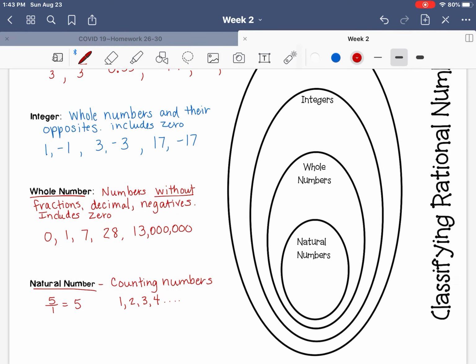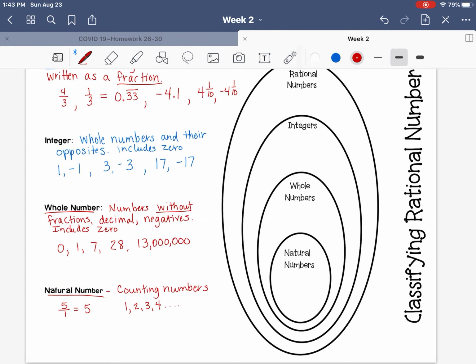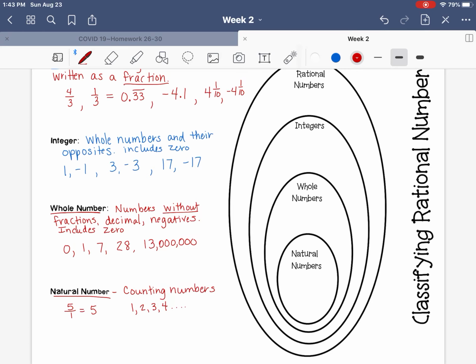Okay, let's talk about how these numbers go into a Venn diagram. In a Venn diagram, the set of rational numbers is the biggest set. And remember, in a Venn diagram, you always want to put your number in the most specific category. So if I gave you a number like 4/2, it would go in the natural numbers category because it simplifies down to 2, which is a whole number, and you can use it to count, and it's not 0.